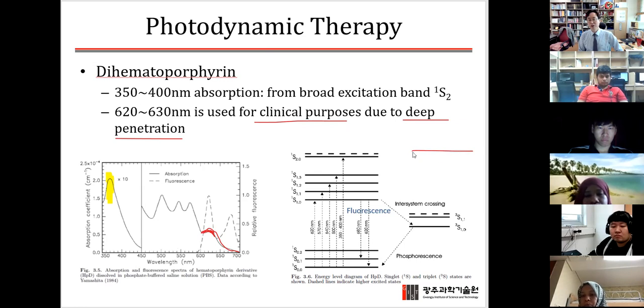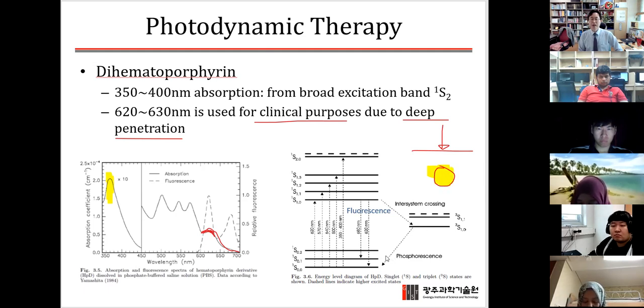So when you have tissue and tumors are under the tissue, and you give the laser from the outside, you will have a photosensitizer which will be accumulated mostly within this tumor.